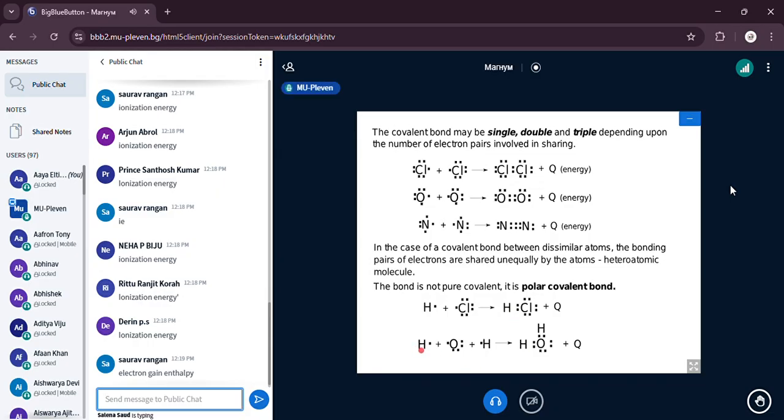Similarly, the formation of a molecule of water and bonding between oxygen and hydrogen atoms. Again, these bonds, oxygen-hydrogen, are polar bonds.